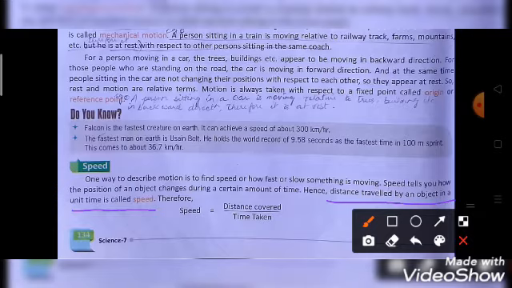To reach school from your home, it takes 10 minutes. That means you're covering 50 meters in 10 minutes. So that is what we call speed. To find out speed, we have the formula here. Speed is equal to distance covered divided by time taken. So this is called speed.